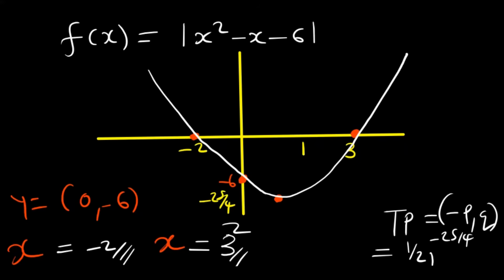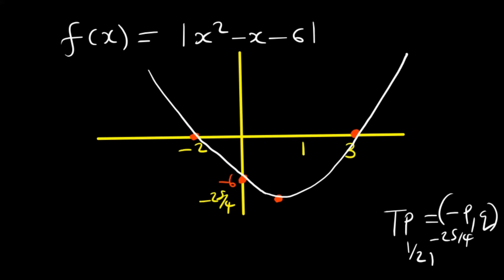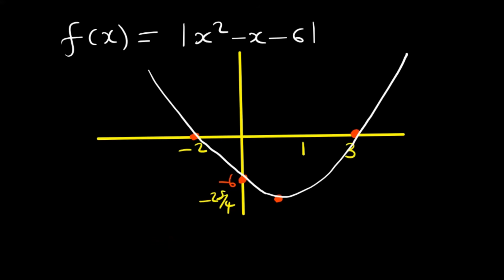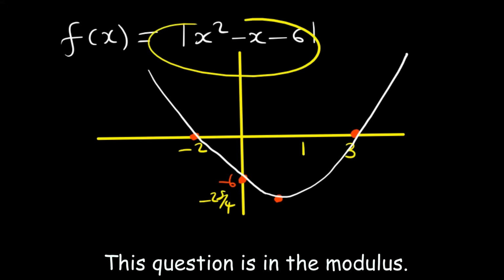Okay, now that we found that, we are done graphing our quadratic function using completing the square. But now we are lacking one thing. Now there's an aspect of the modulus. This question is in a modulus.